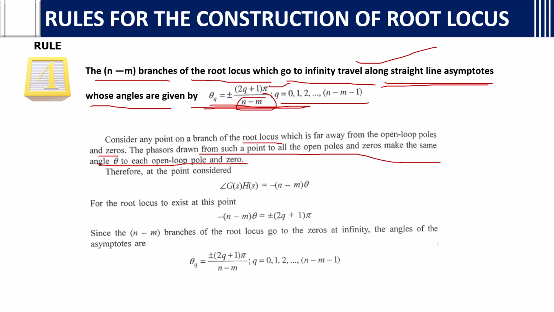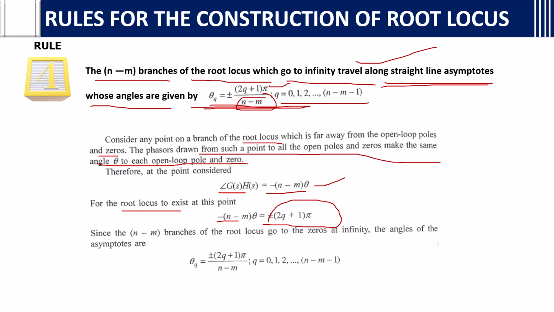If we draw a phasor from that point, therefore, at the point considered, angle G(s)H(s) equals minus (n minus m) times theta. For the root locus to exist at this point, minus (n minus m) theta should equal what?